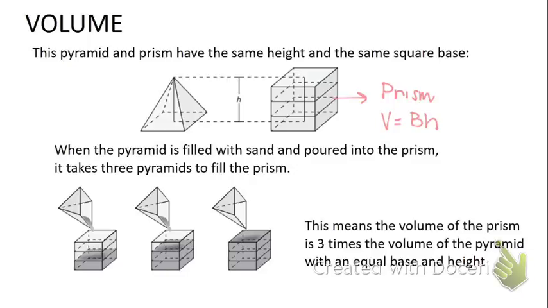So if it takes 3 pyramids to fit in there, we know that the volume of a prism is 3 times the volume of a pyramid, which means a pyramid is a third of its prism with an equal base. So that is the relationship there.